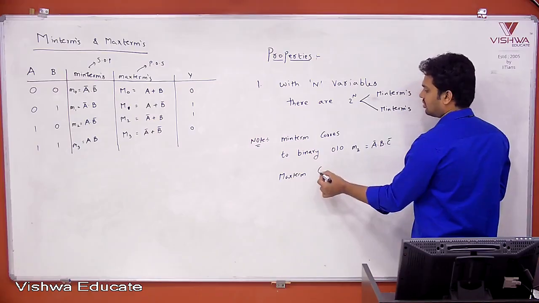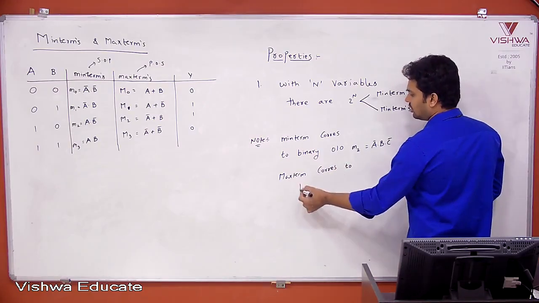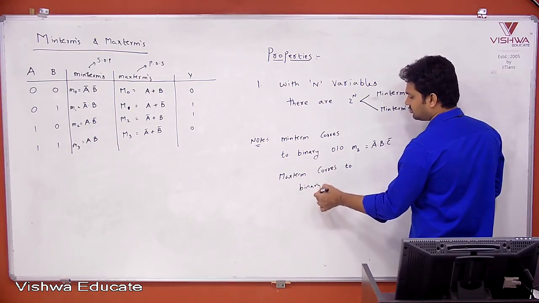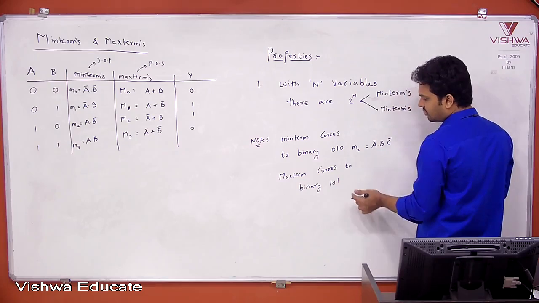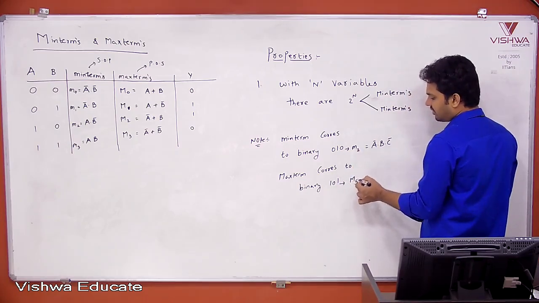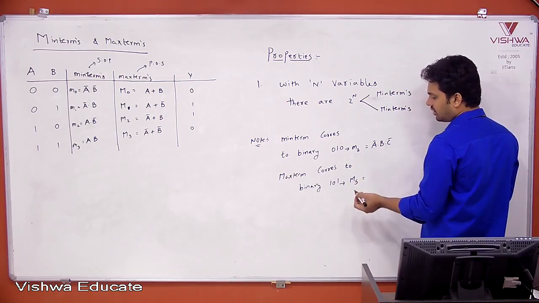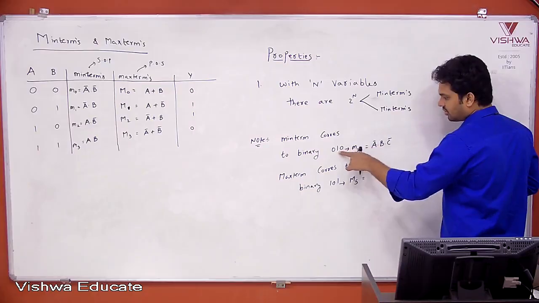Next, write down: maxterm corresponding to the binary number 1 0 1. What is 1 0 1? 5. So maxterm 5 if you have 3 variables. If it is minterms, 0 means bar, 1 means no bar.